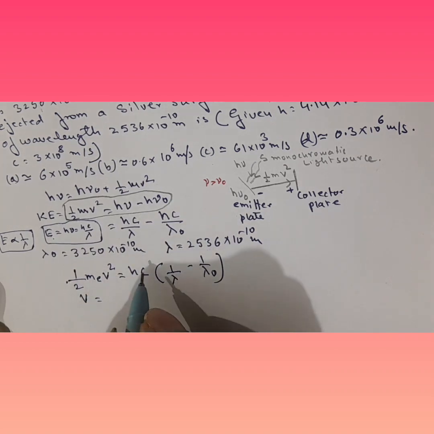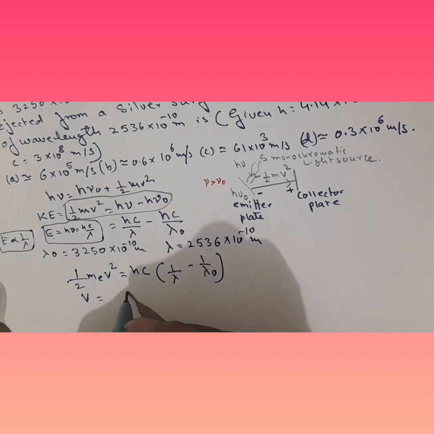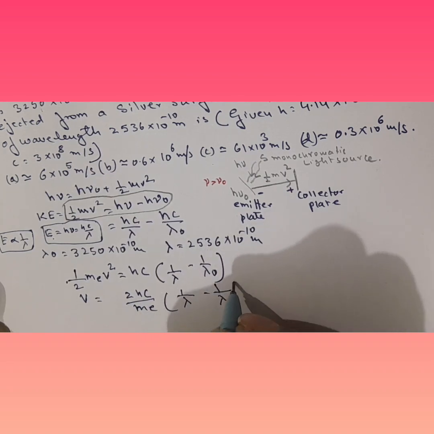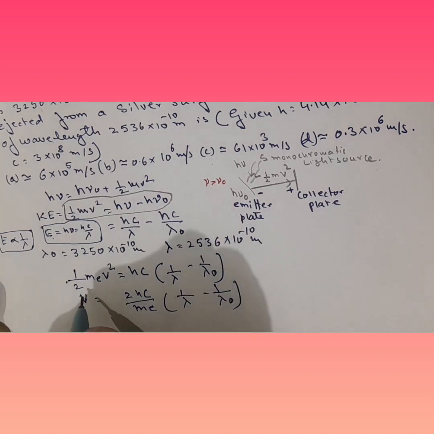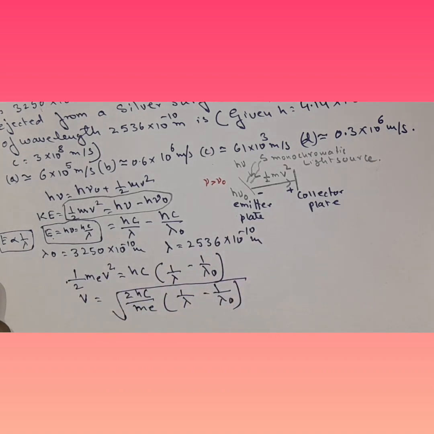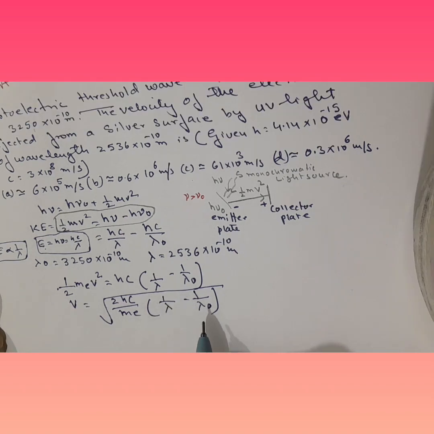So 2 would go there, and this would become 2hc over the mass of the electron, times 1 over lambda minus 1 over lambda 0. This is v square, so v would be the root of this entire expression. So v is the square root of 2hc over the mass of electron, times 1 over lambda minus 1 over lambda 0.